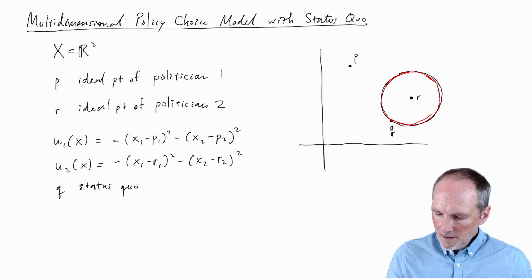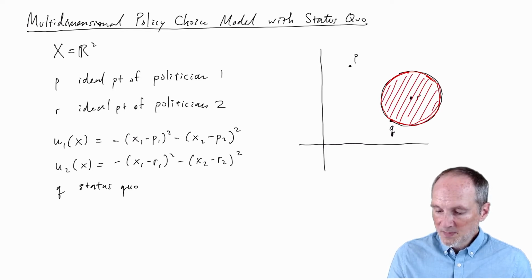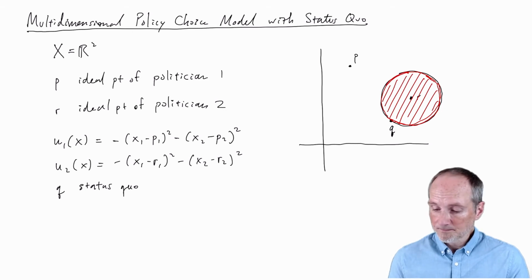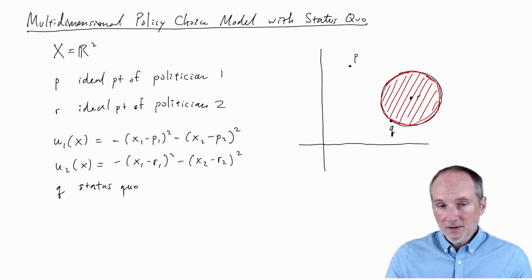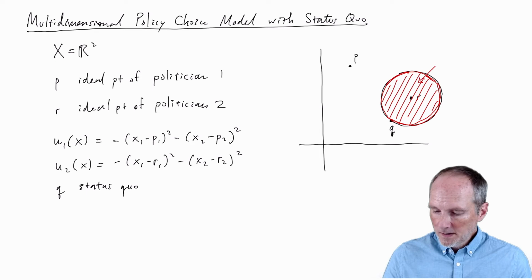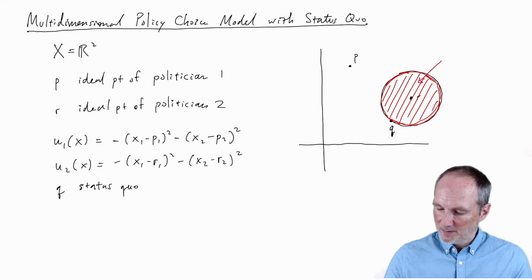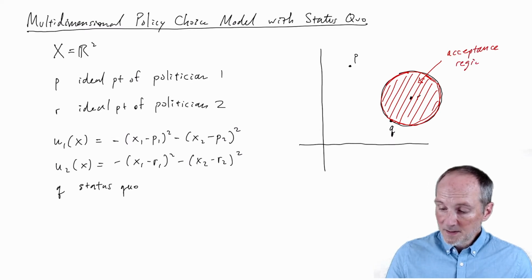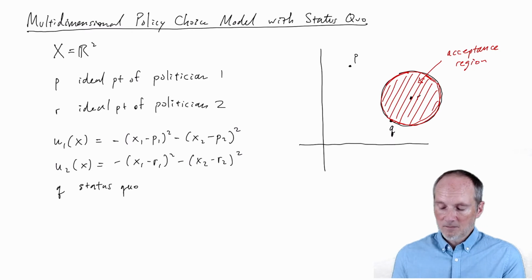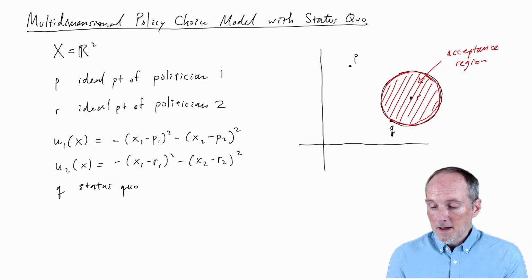Anything on that circle or inside will be accepted, anything outside will be rejected. So this circle, or ball as you would say in math, is the acceptance region. It's not an acceptance interval anymore, but it's an acceptance region.